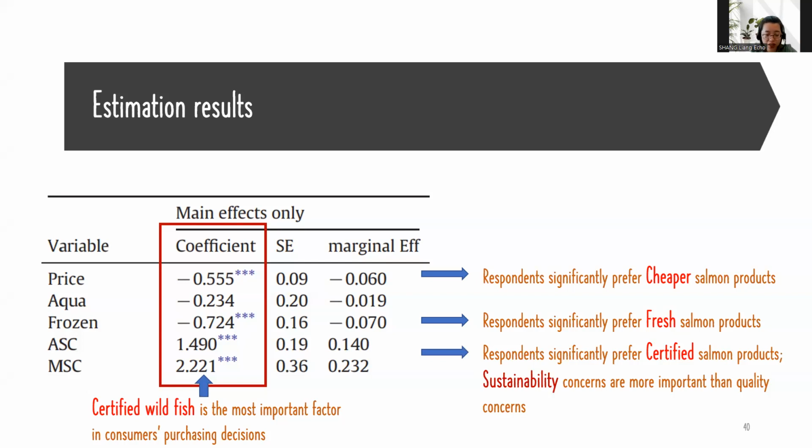Taking all this into consideration, we can conclude that sustainability concerns are more important than quality concerns. Despite the price attribute and the frozen attribute all being significant, the size of their coefficients is much lower than the coefficient of the certification, which means that sustainability is a more important consideration that individuals have when they make a purchasing decision.